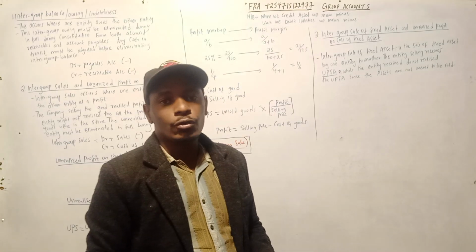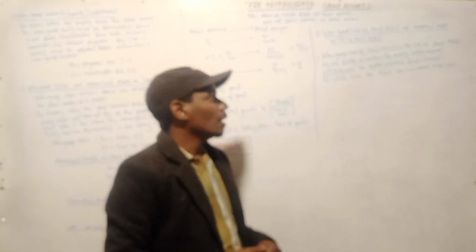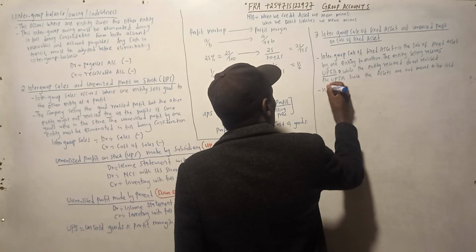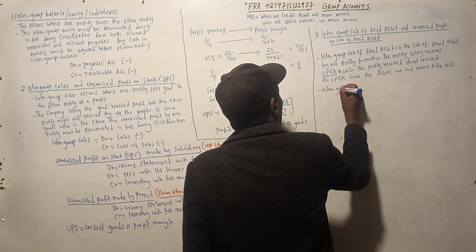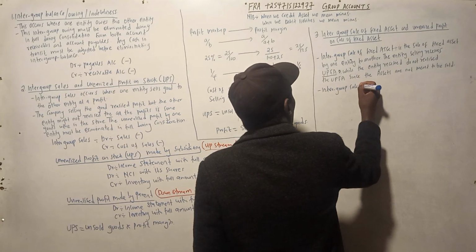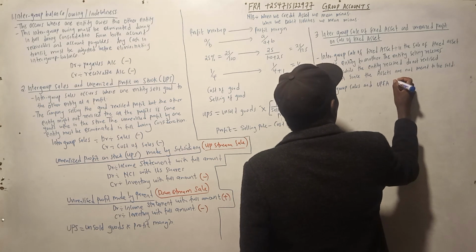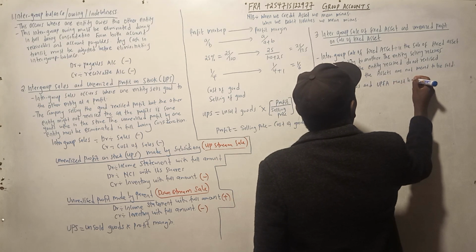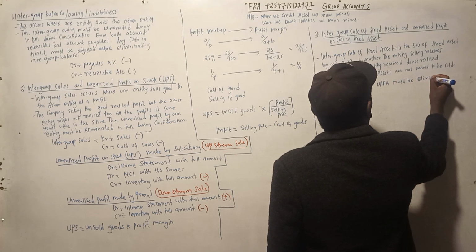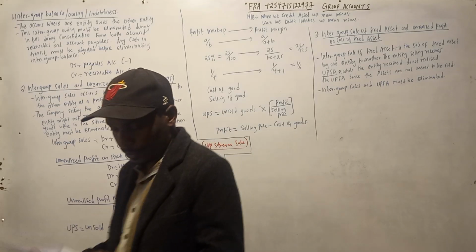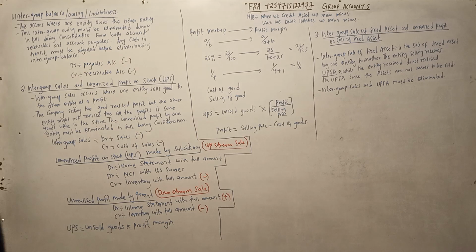In that case, the intergroup sales and UPFA must be eliminated. And how do you eliminate them?